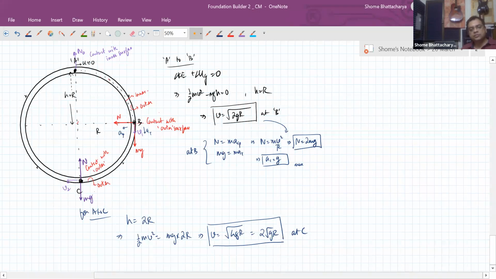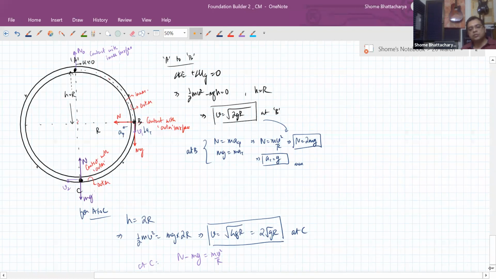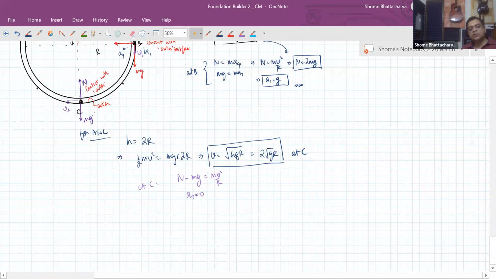So at the point C, you can see N minus mg is equal to mv square by r. Okay. And tangential acceleration is 0 because there is no tangential force. So N is equal to mg plus mv square by r. So now substitute this value. So N is equal to 5 mg, 5 times the weight at C. And this is the maximum value of N throughout the motion.